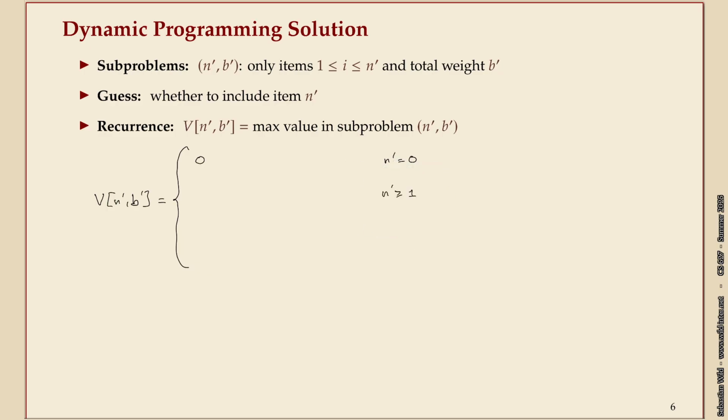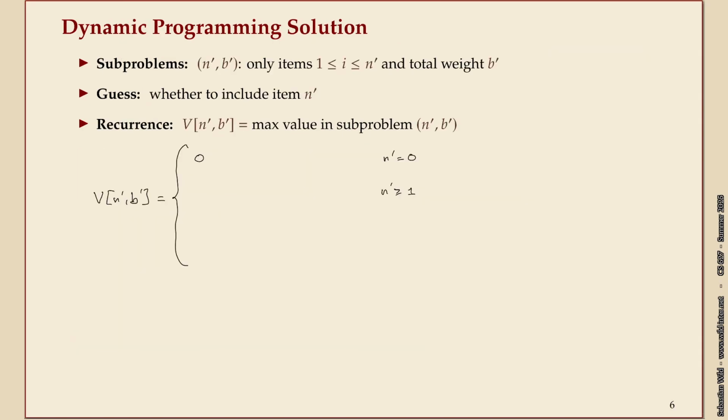If the new item n prime fits in our knapsack, then we have the option of taking it. If it's too big, then we don't even have this option. Let's do the simple version first. And then this will be the more interesting case.